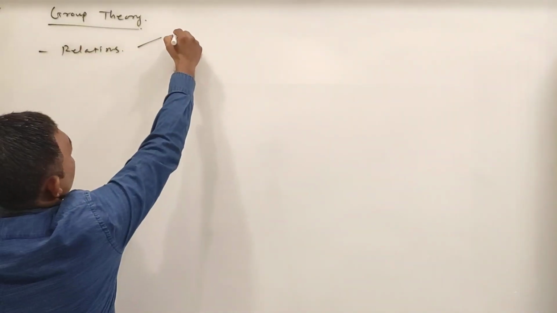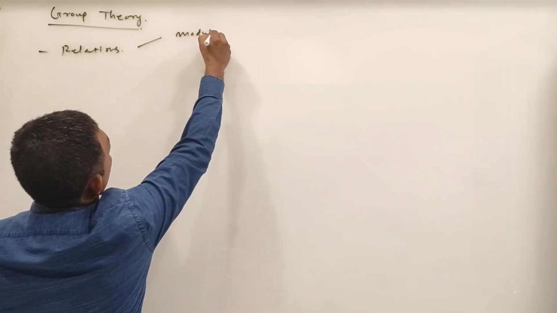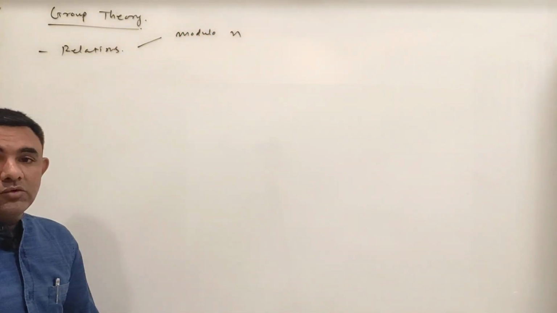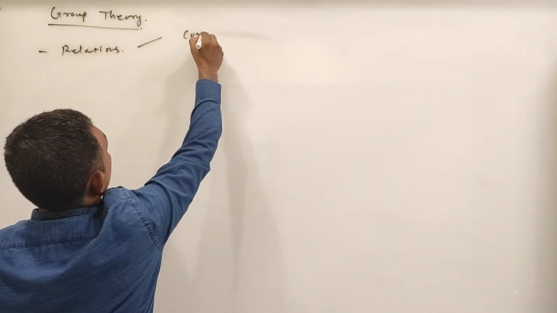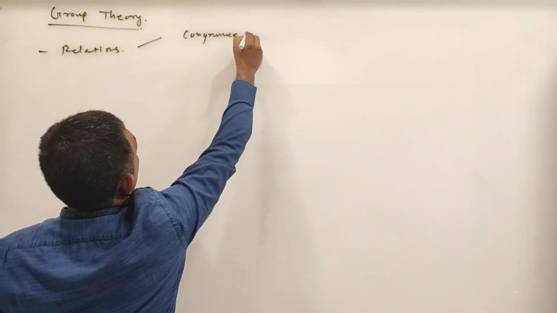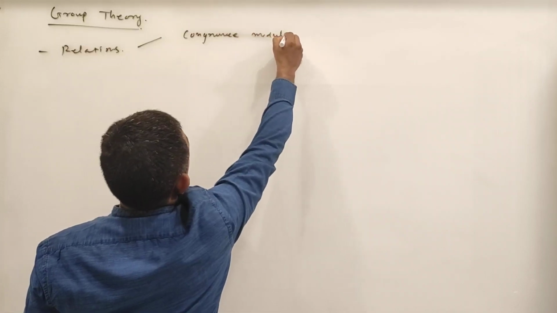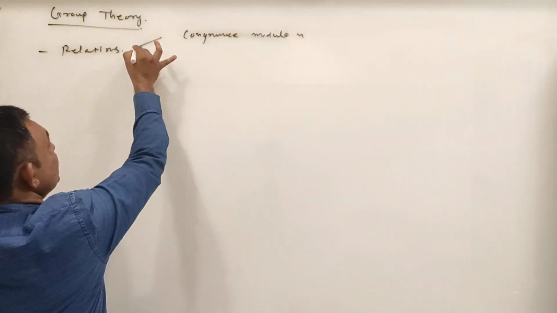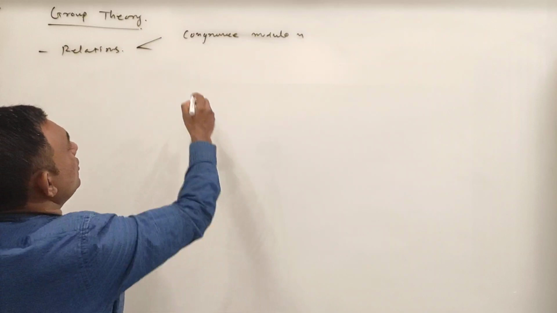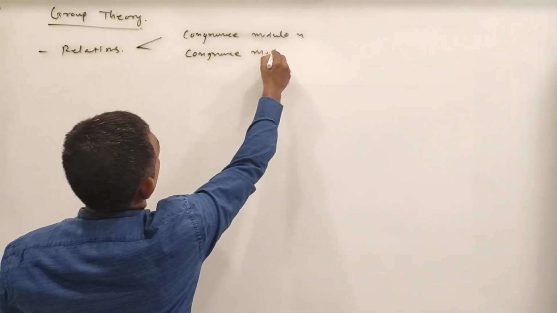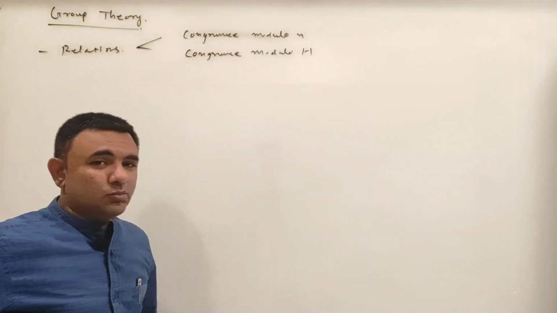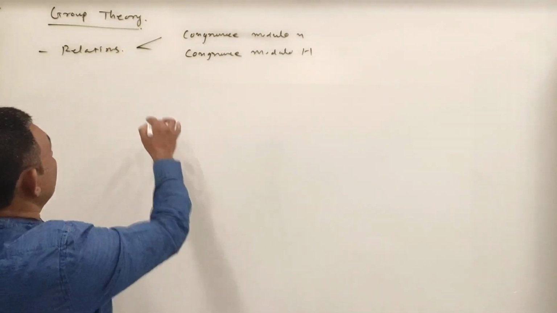So first is the congruence modulo n relation. Let me write in full: congruence modulo n. The second one is congruence modulo H, where H is a subgroup of some group.